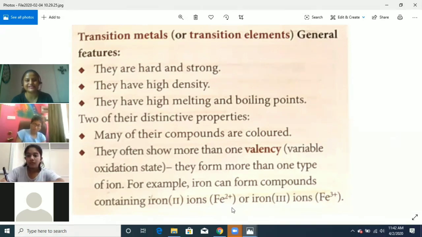Fe2 plus is known as ferrous and Fe3 plus is known as ferric. The ferrous compound has a different color, the ferric compound has a different color. Ferrous compounds have green color, and ferric compounds have red brown color. Not only iron, copper also shows two valencies, Cu plus and Cu2 plus. Silver, gold, manganese, they show variable oxidation number.